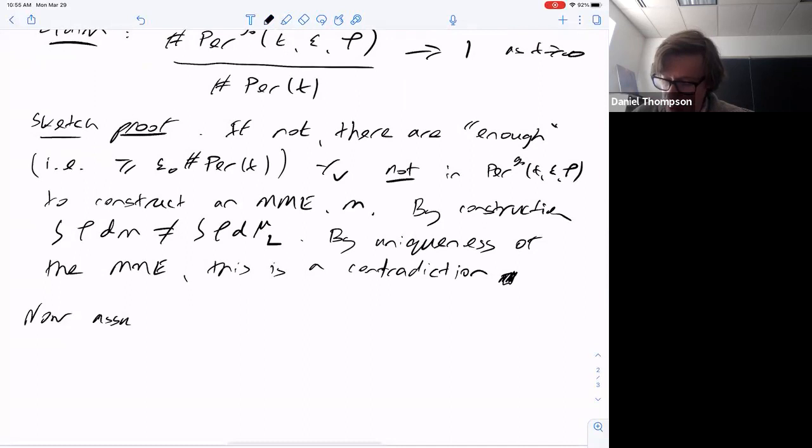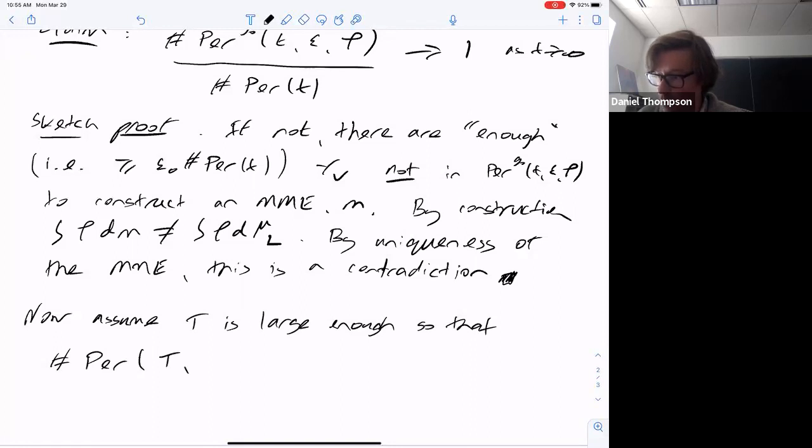Now assume that T is large enough so that the number of points in Per_T epsilon of rho to the -1/2 is greater than 1 minus epsilon times Per_T.